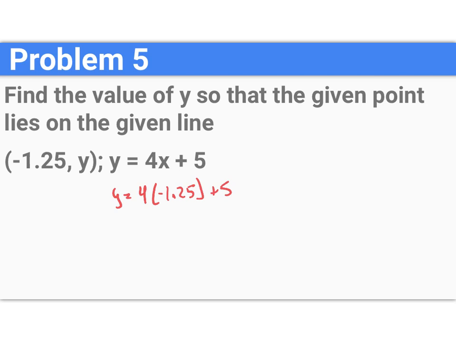So I'm going to do a little fraction magic. I know that 0.25 is a quarter, and negative 1.25 is negative 1 1/4, which is negative 5/4. So the 4's cancel out, and you get negative 5 plus 5, and y should be equal to 0.